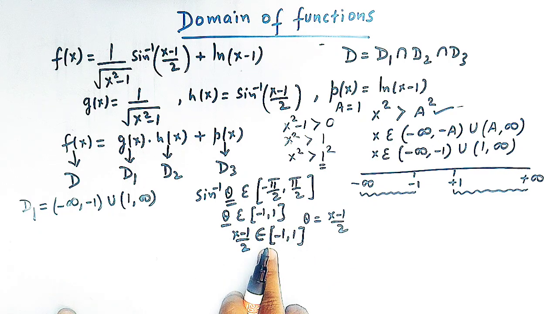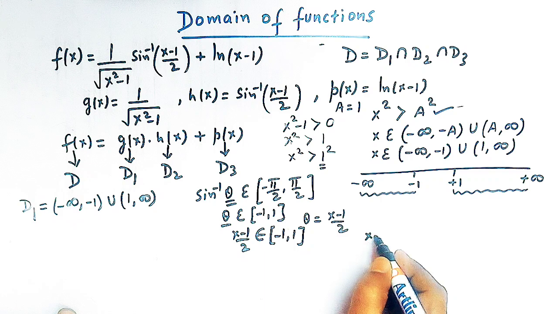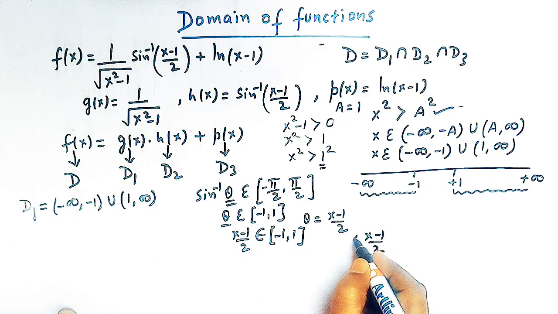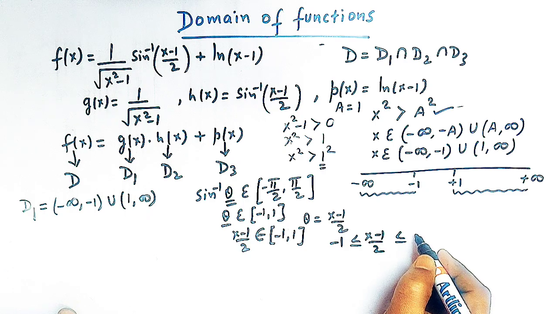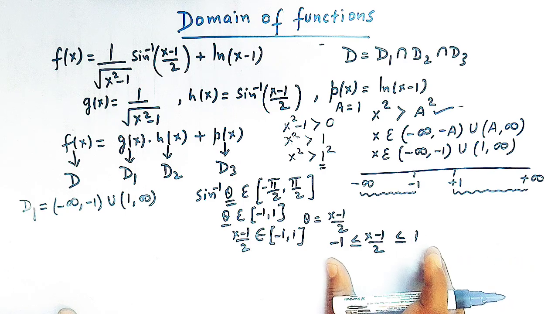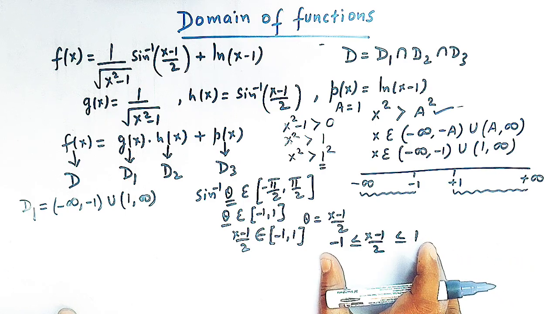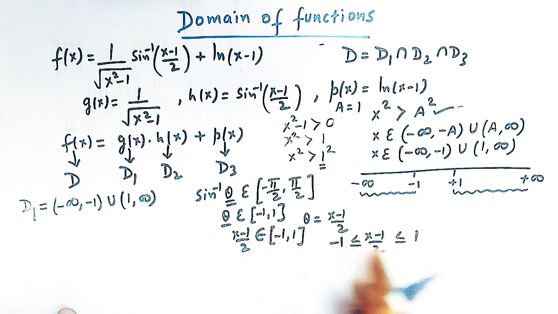So (x minus 1) over 2 must belong to the interval from minus 1 to 1. From here we can form the inequality: (x minus 1) over 2 should be greater than or equal to minus 1 but less than or equal to plus 1. Now we have to solve this inequality. Let us multiply throughout by 2.